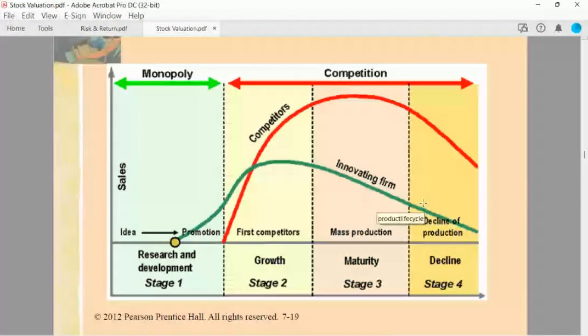A company, if they don't reinvent the wheel, I mean, if they don't upgrade their product, right, then they will get stuck and they will go into decline. That goes without saying. But if you think about Apple or Galaxy, they are not going into decline.